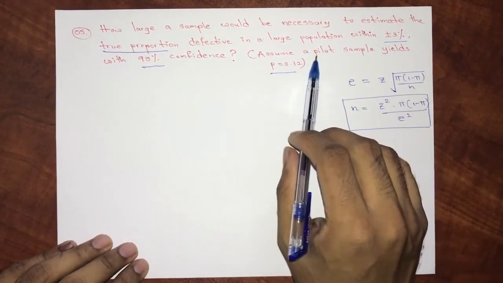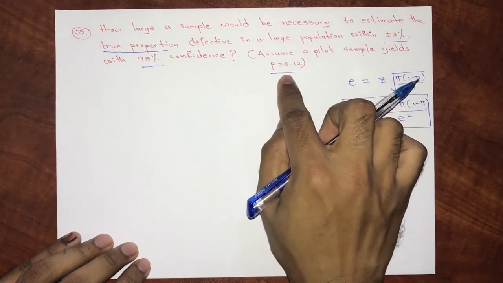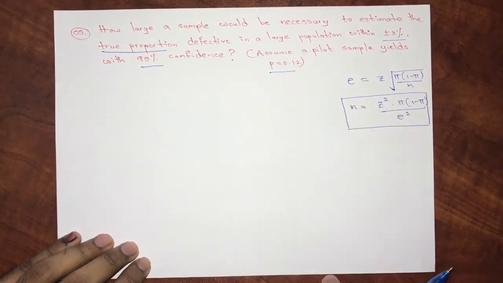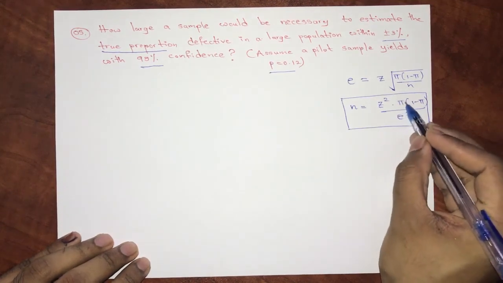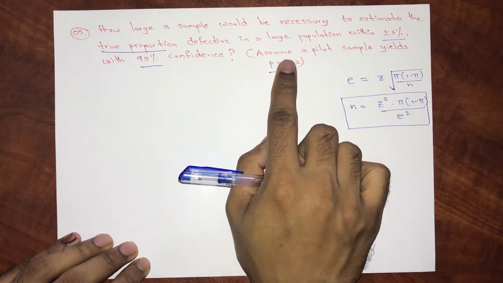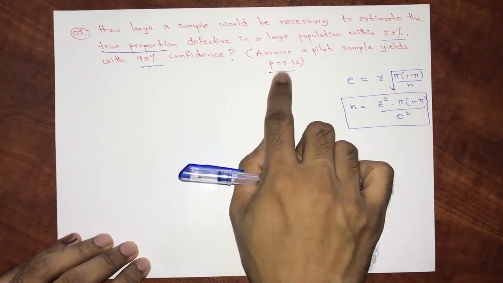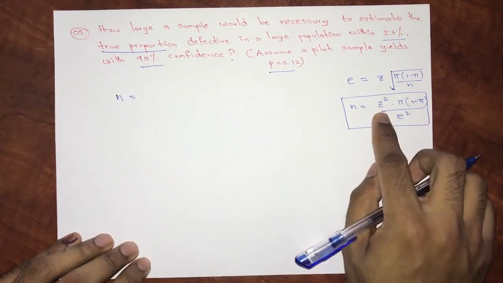In this case, you are given a pilot sample and you are told that the pilot sample yields a sample proportion of 0.12. So instead of substituting the value for pi, you can substitute the sample proportion of 0.12. So n equals z squared.